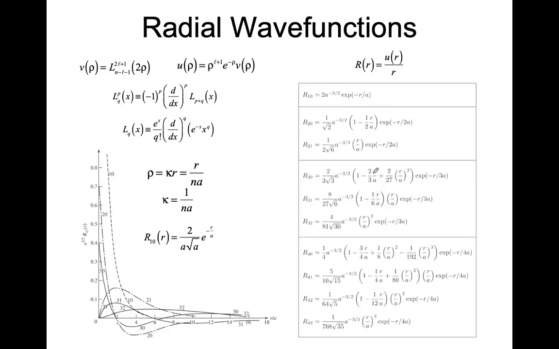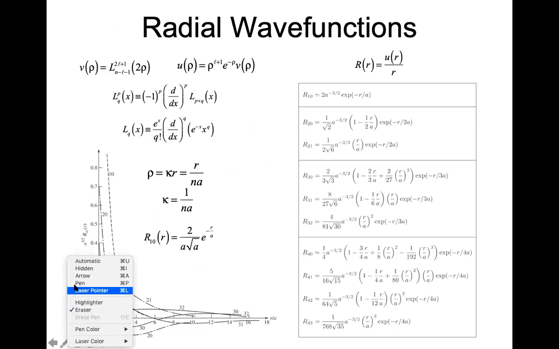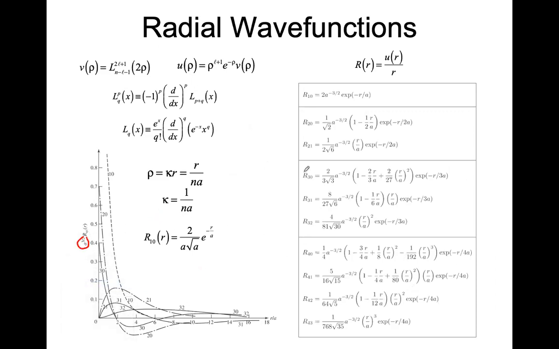These radial wave functions, the Laguerre polynomials, have been tabulated. I think I promised you that there would be kind of an odd thing when they're graphed: there'd be this a to the 3/2 right here. This is exactly what I was talking about. These R's are tabulated, and somebody graphed them here.